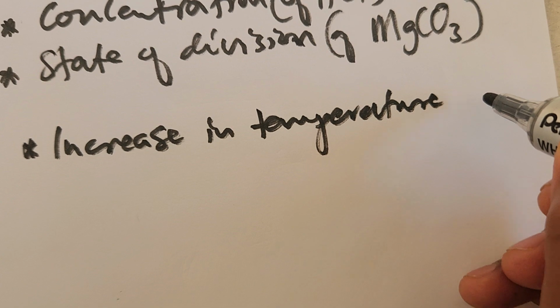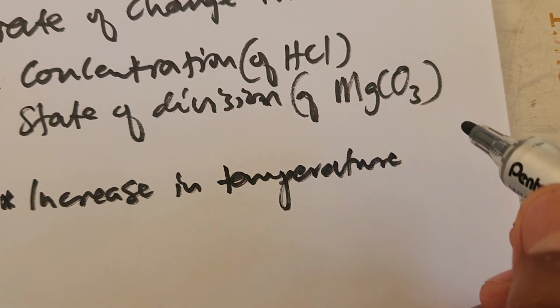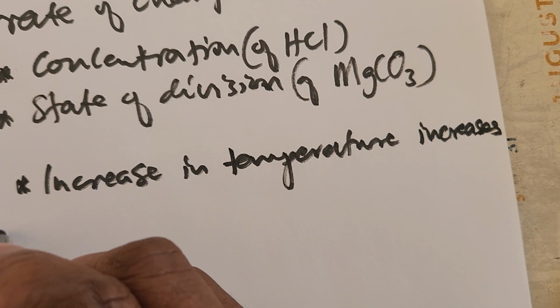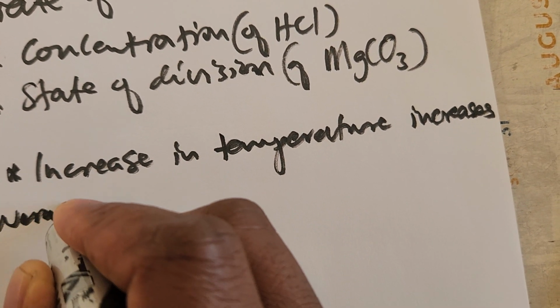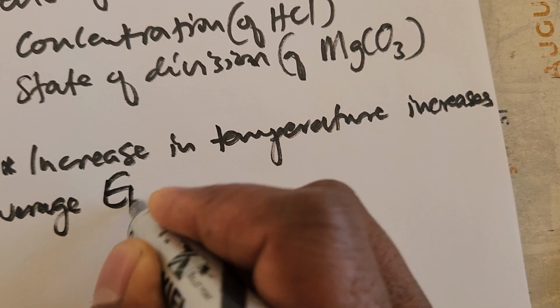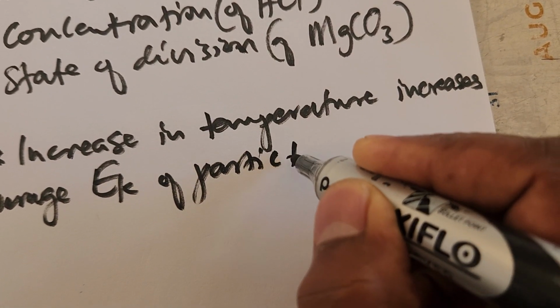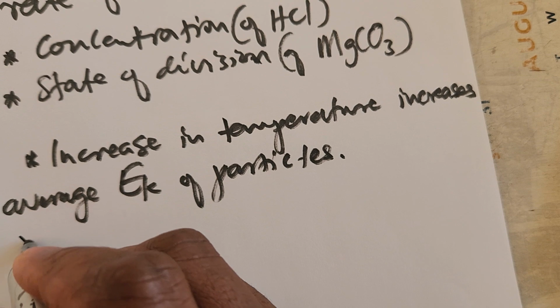According to collision theory, increase in temperature increases the average kinetic energy of particles. That's the first point.